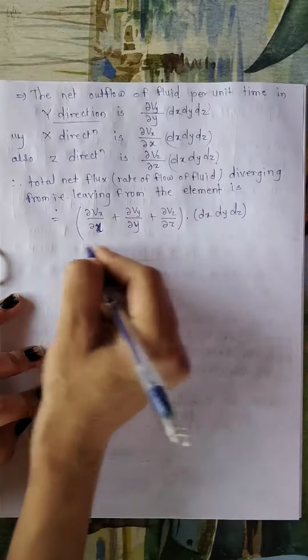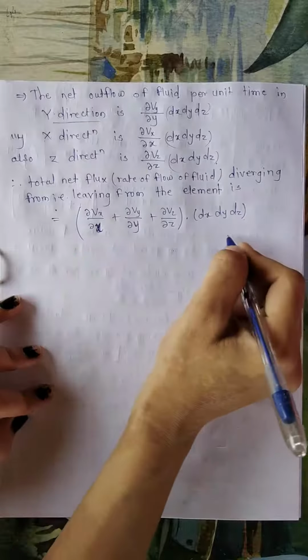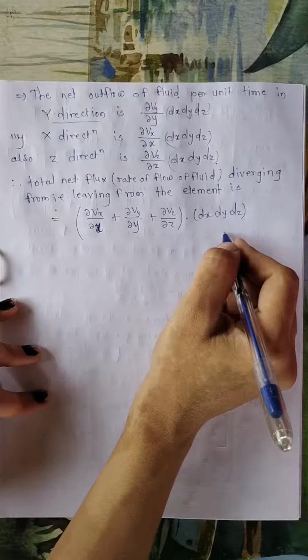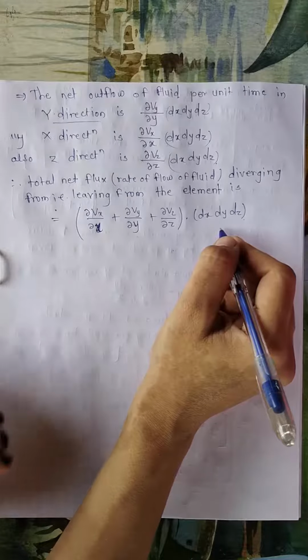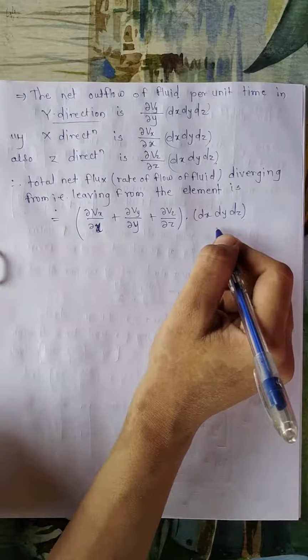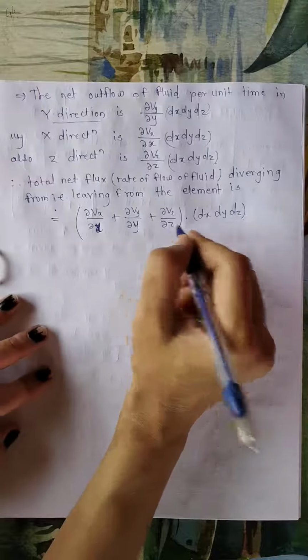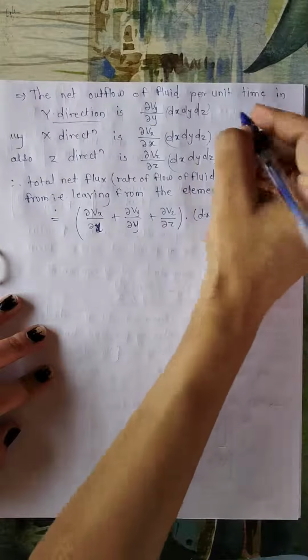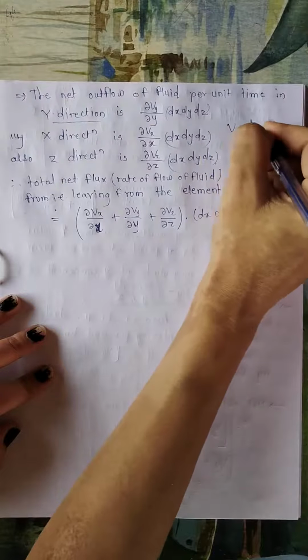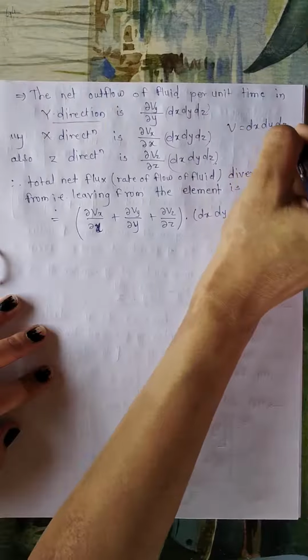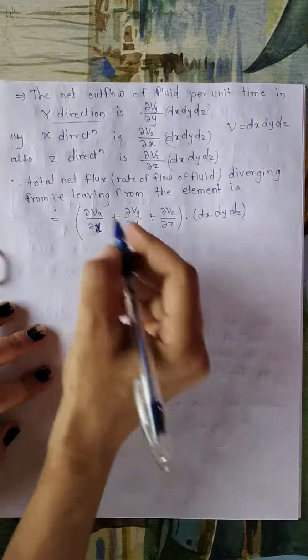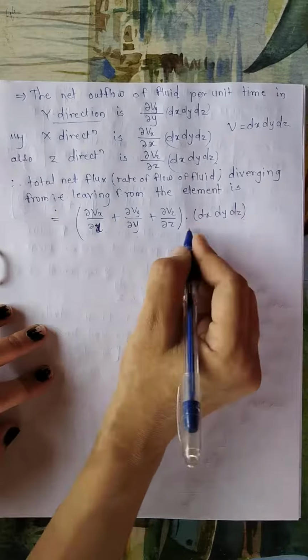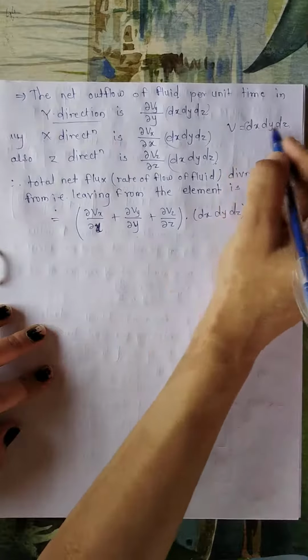So this is the total net flux which is leaving from the element of our parallelepiped. And if we have to calculate this amount of flux per unit volume, we have to divide this by volume, and we know that volume is given by dx, dy, dz. So if we have to find total net flux per unit volume, just divide this amount by dx, dy, dz.